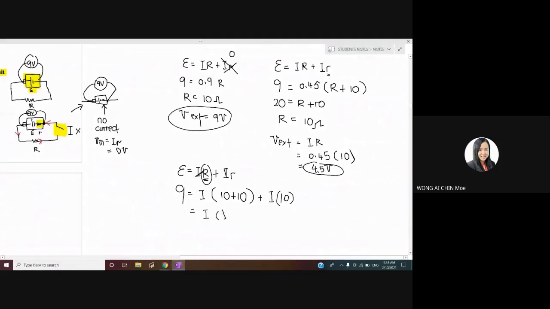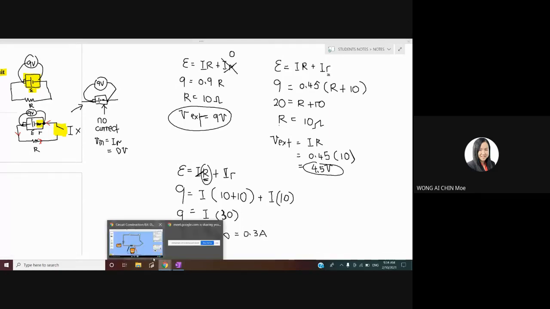Meaning our I is equal to 9 over 30. If you press the calculator, 9 over 30, you will get 0.3 ampere.